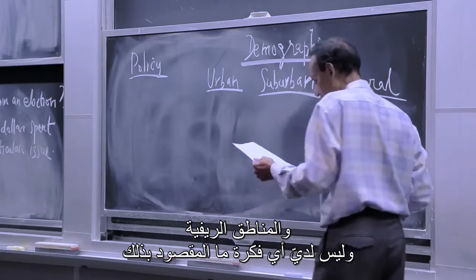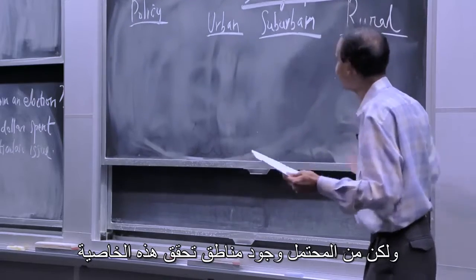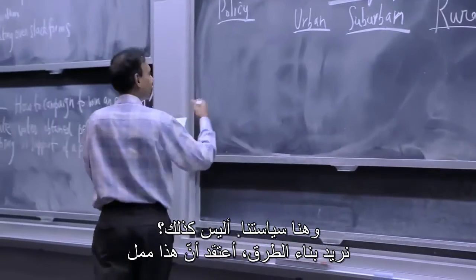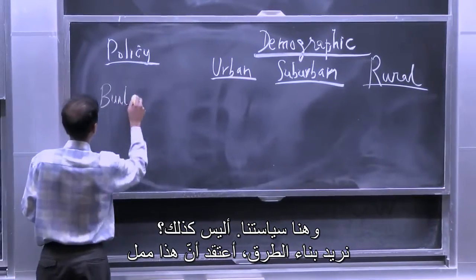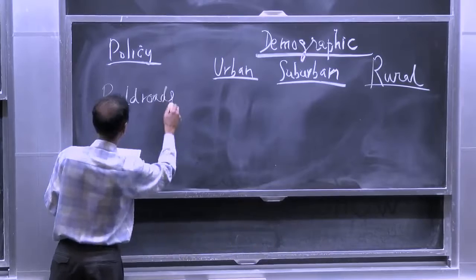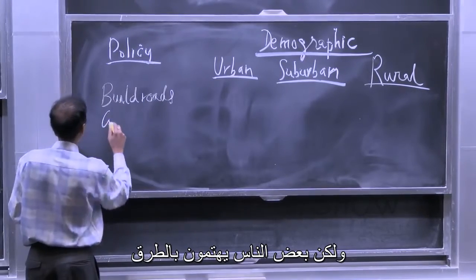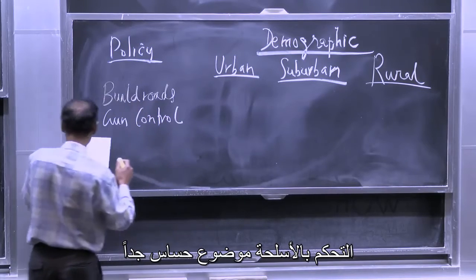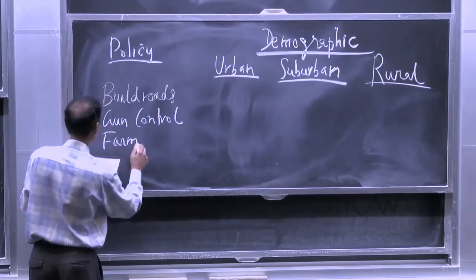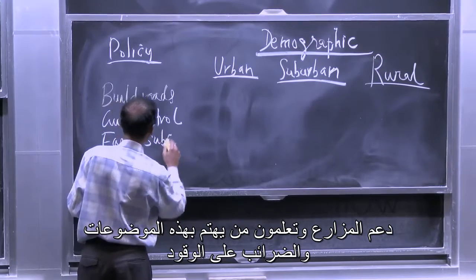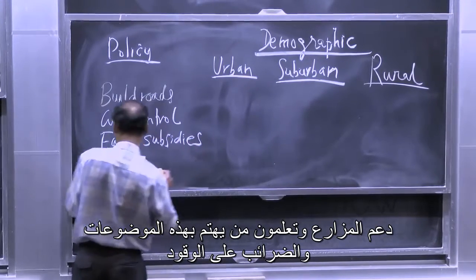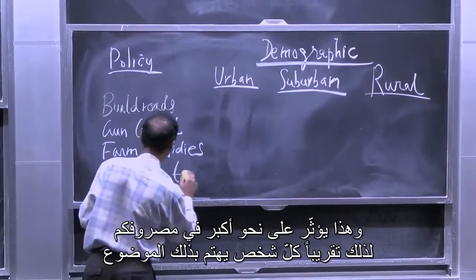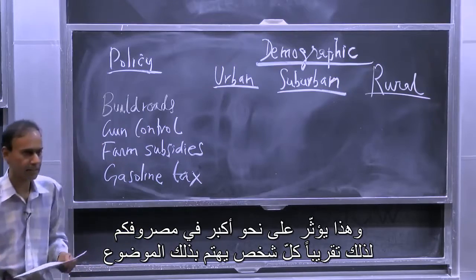I really don't have any idea what that means, but presumably there's places. And here's our policy, right? You want to build roads, right? Kind of boring, but some people are interested in roads. Gun control, oh, very sensitive. Farm subsidies, you know who's interested in that. And gasoline tax, kind of more, hits your pocket, so more or less everybody's interested in that.